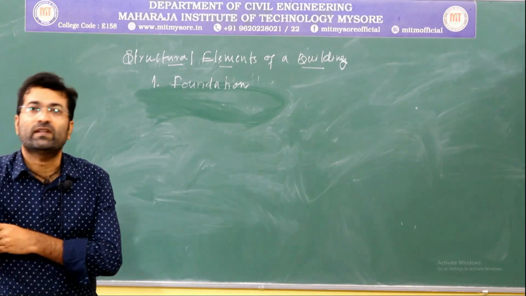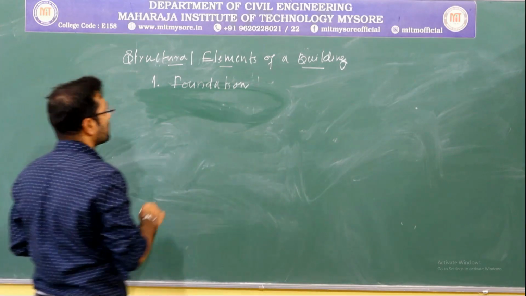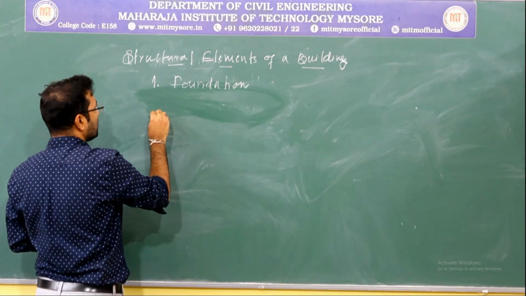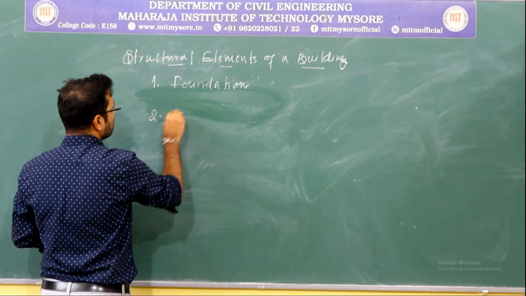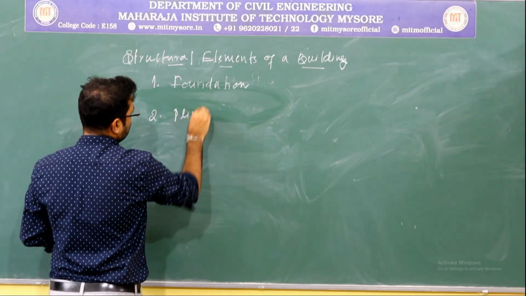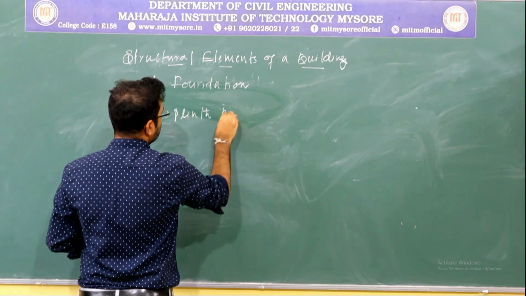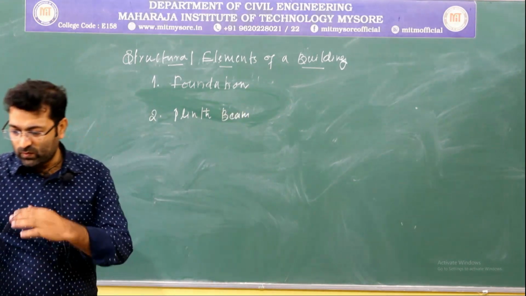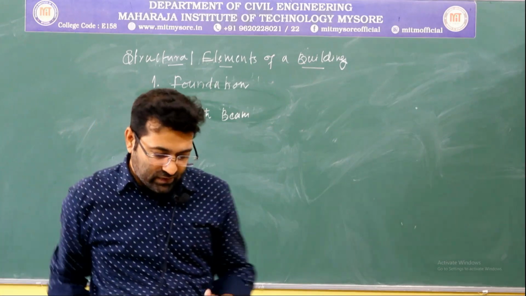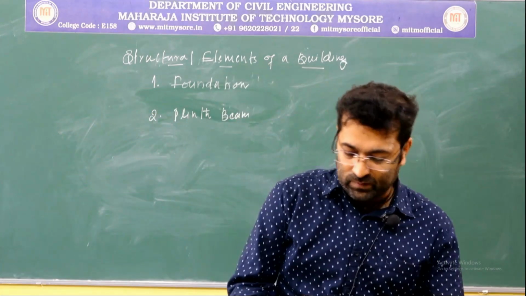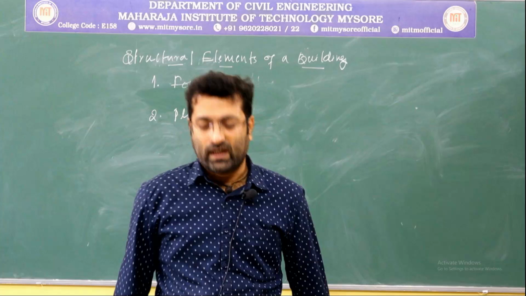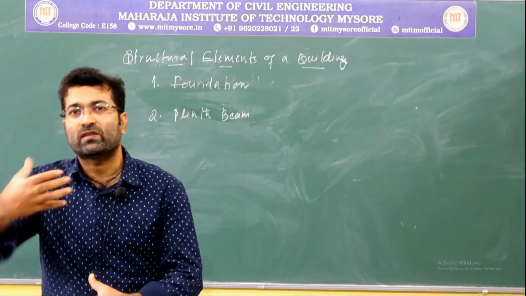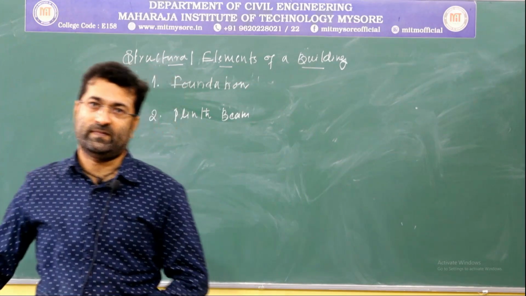Then after the foundation, the next structural element we have in the building is the plinth. We call it the plinth beam nowadays. So, what is this plinth beam? After the foundation, when we come to the ground level, we are supposed to construct the walls.